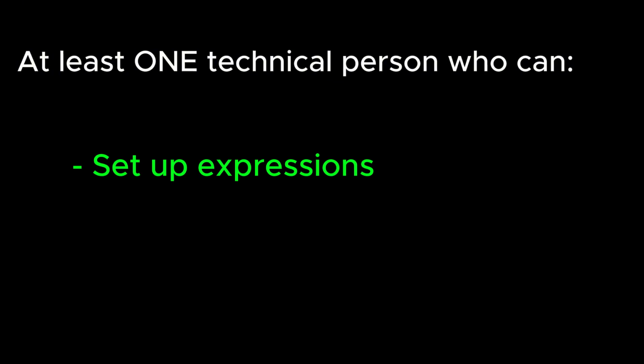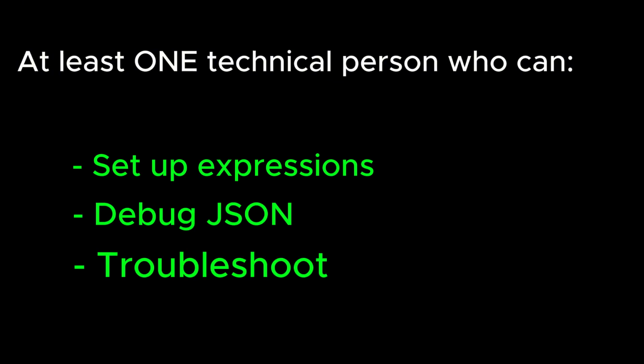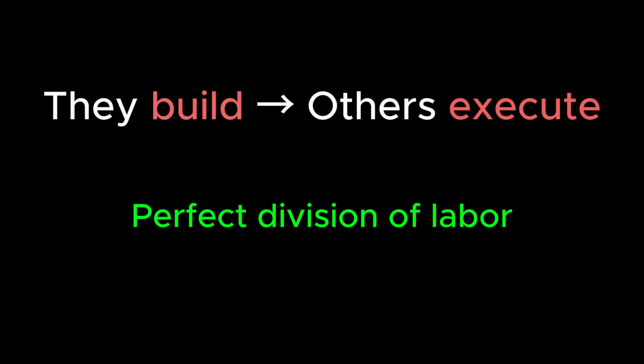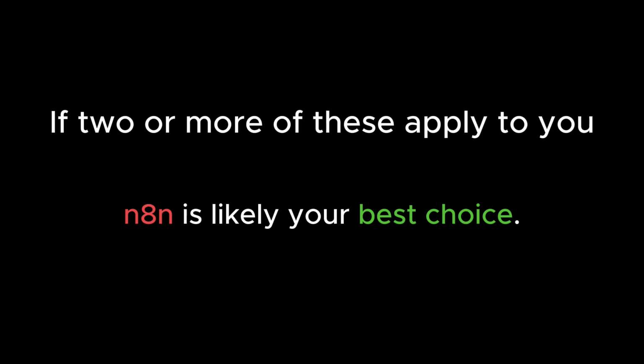Fifth, developer-enhanced teams. You have at least one technical person who can set up expressions, debug JSON, and troubleshoot. They can build workflows that less technical teammates execute. If two or more of these apply to you, n8n is likely your best choice.